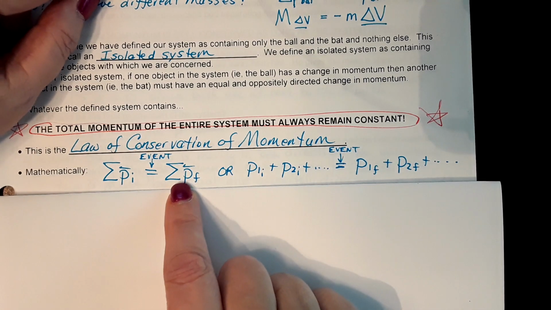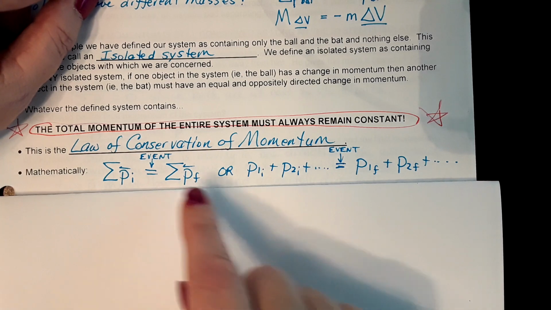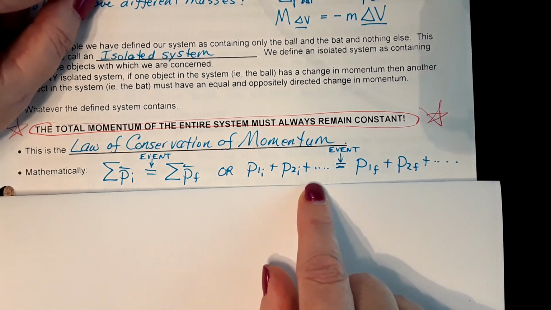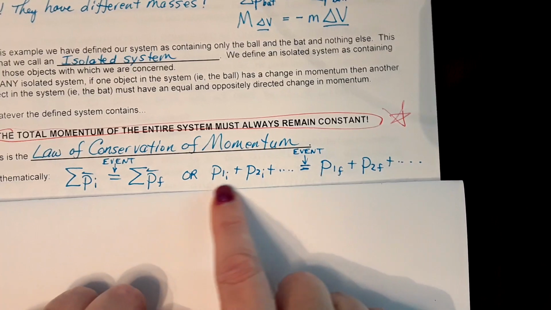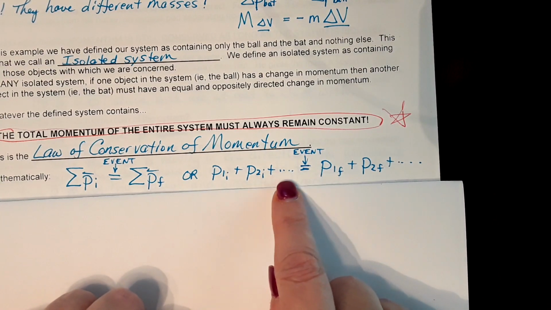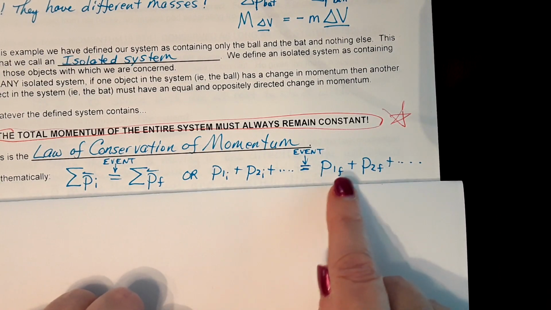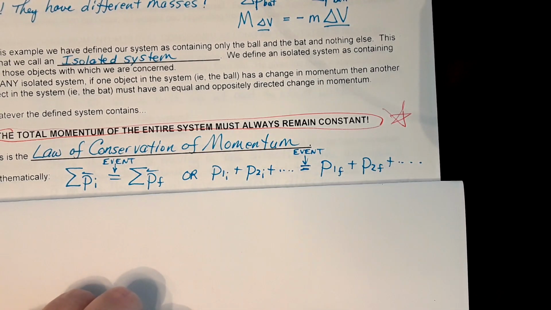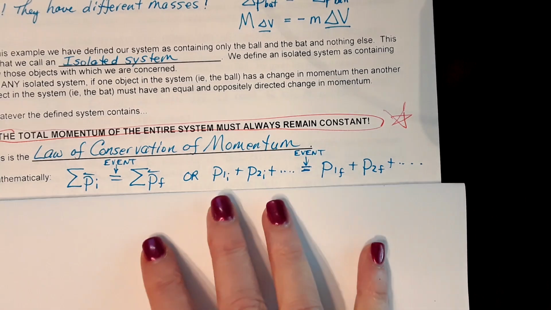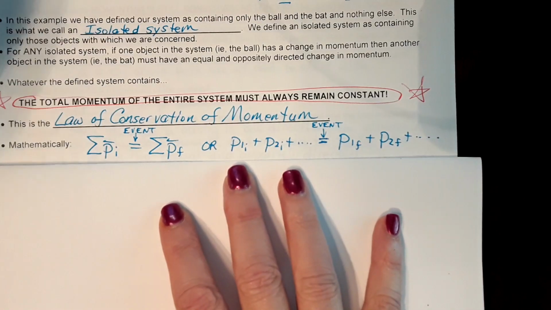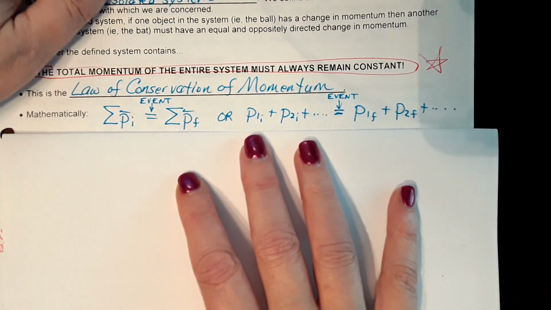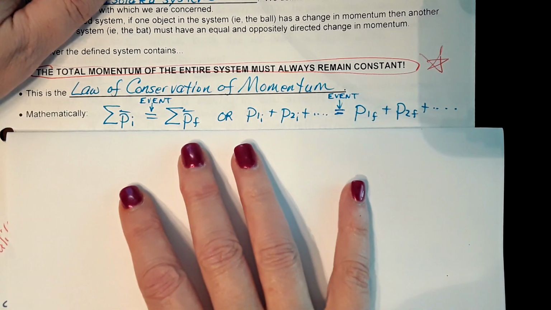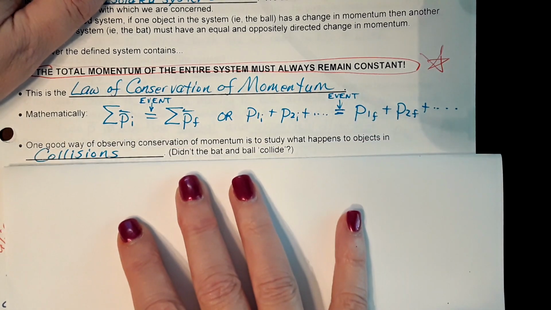So, if you know how many objects are in your system, then all their initial momenta at the beginning of an event must equal all their momenta added together at the end of the event. Momentum must be conserved. I have included a number of videos showing conservation of momentum for you to view.